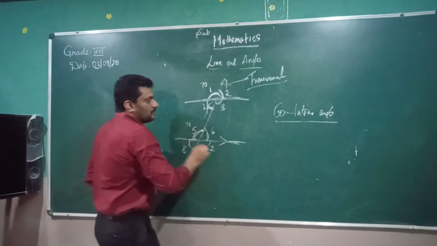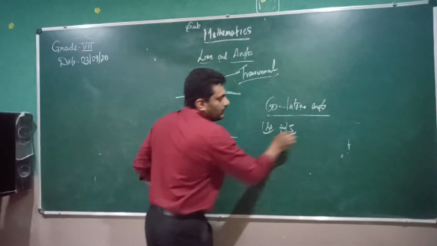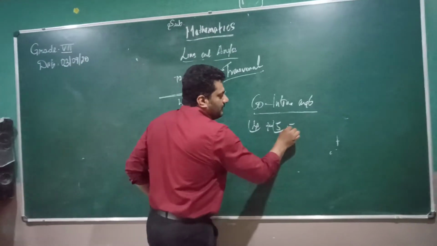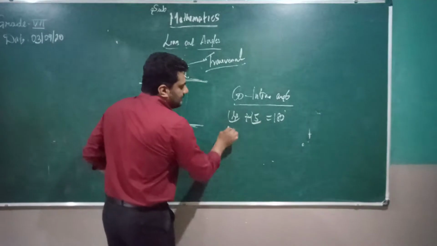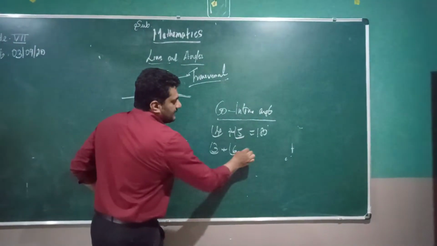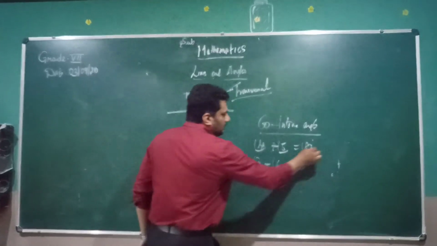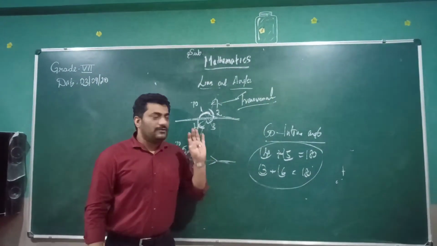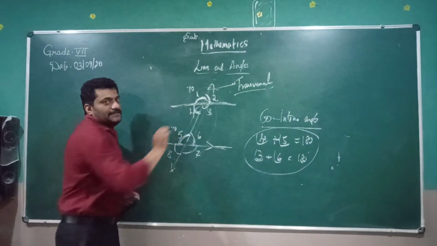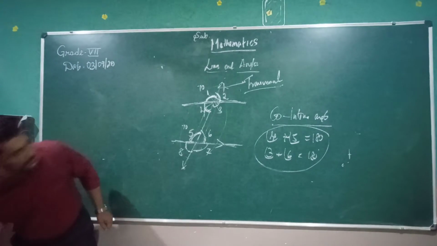If I add co-interior angles, it will be equal to 180 degrees. Similarly, on the other side, angle 3 plus angle 6 is 180 degrees. So these are called co-interior angles. And we will get these angles only in parallel lines. If the lines are not parallel, we will not get these two angles.